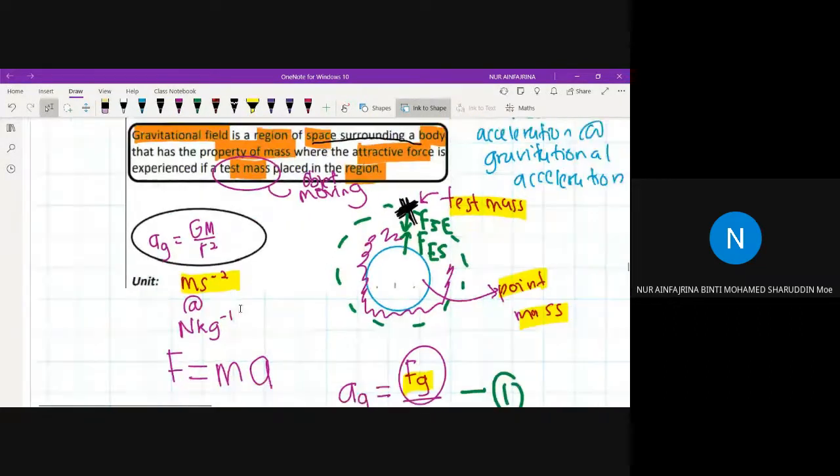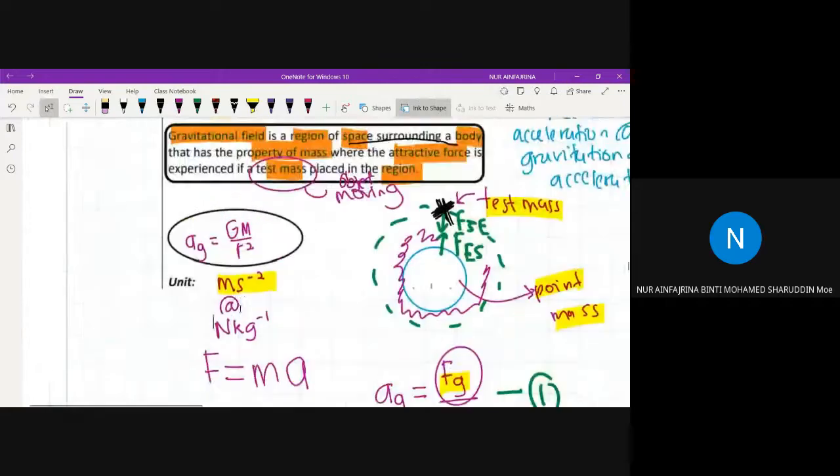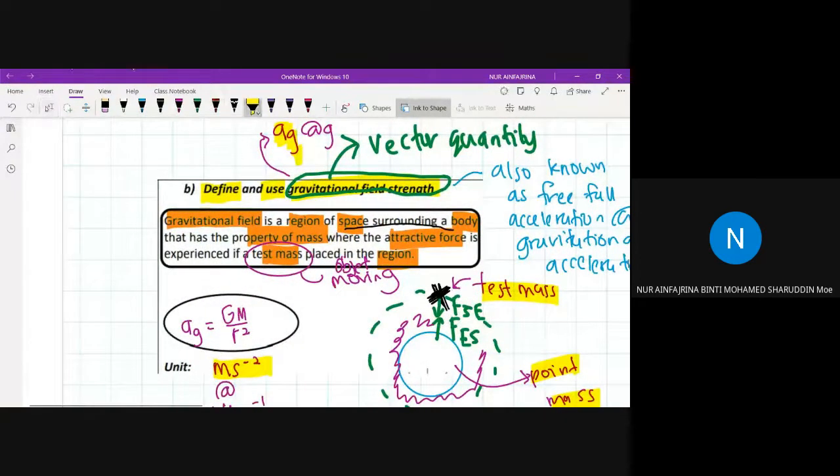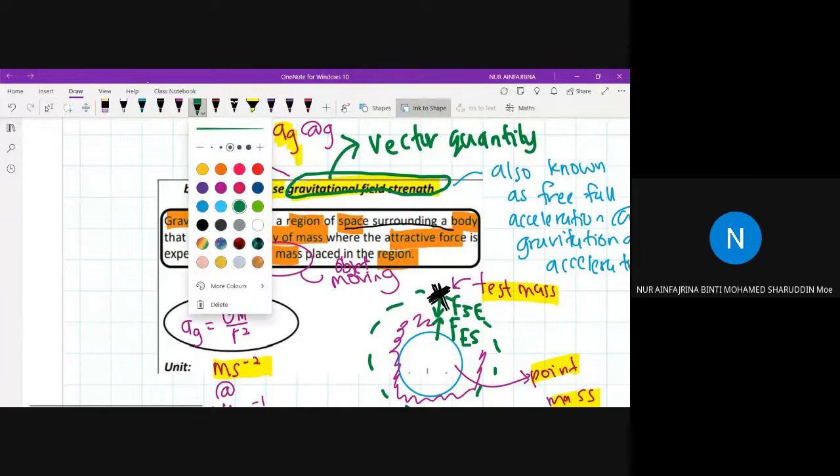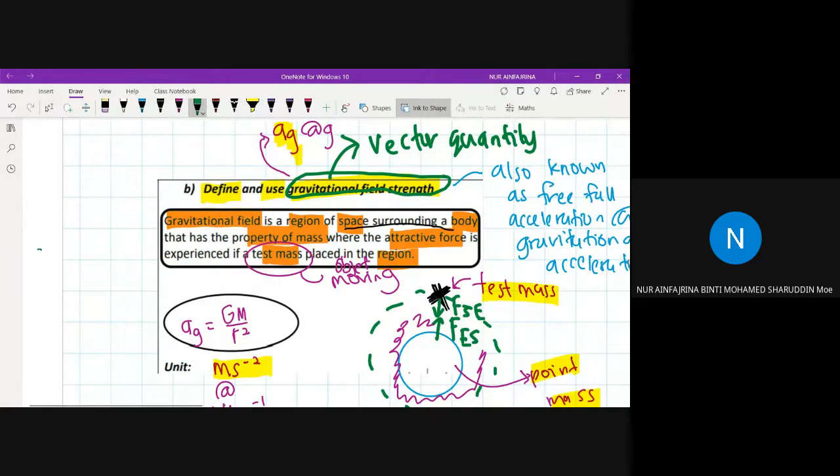Okay, now let's label. So kita punya a g adalah gravitational acceleration, while our capital M is point mass.